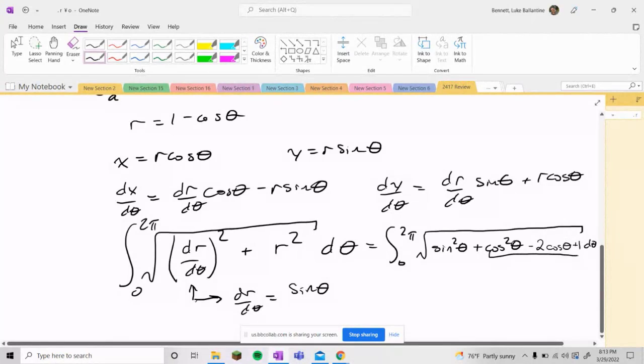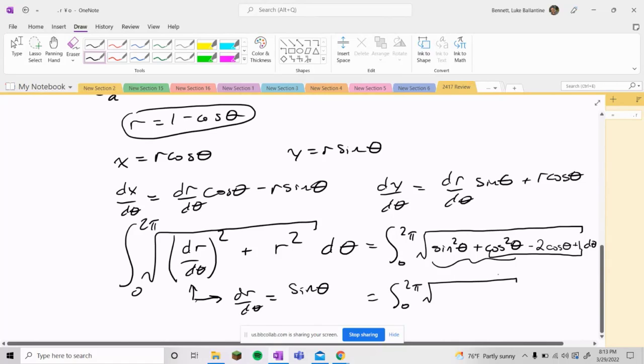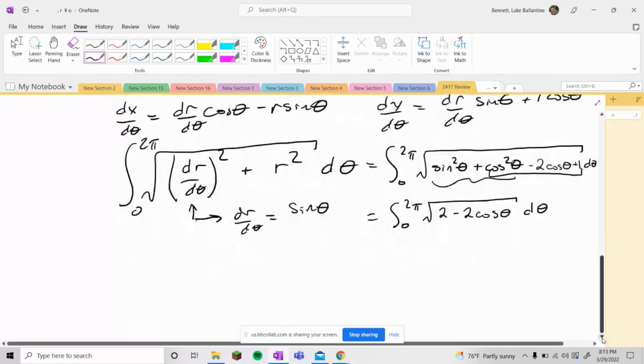So this is from squaring r. But we have sine squared plus cosine squared. So this is equal to the integral from 0 to 2 pi of the square root of 2 minus 2 cosine theta d theta.